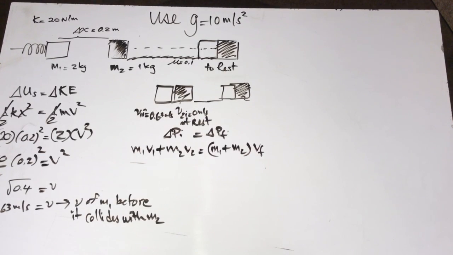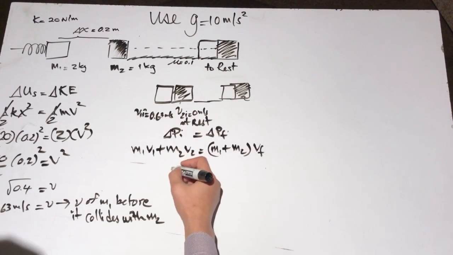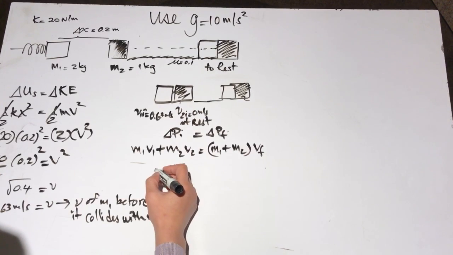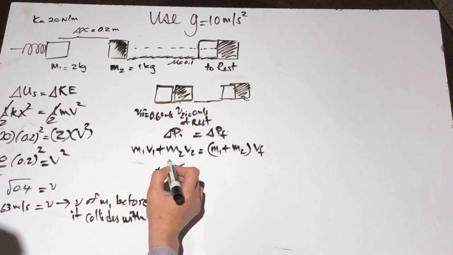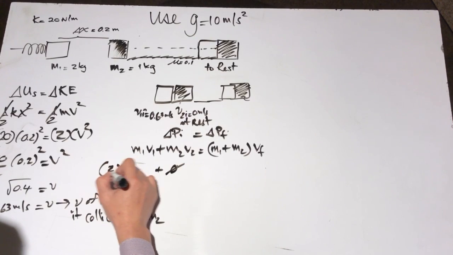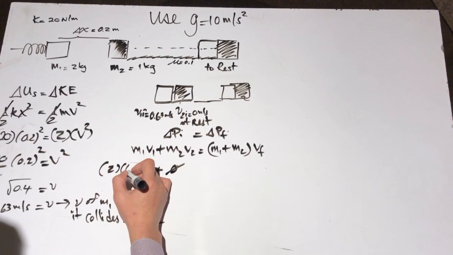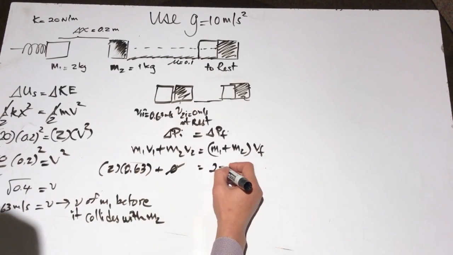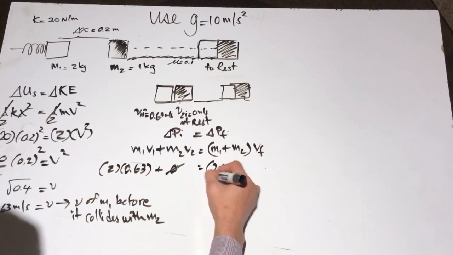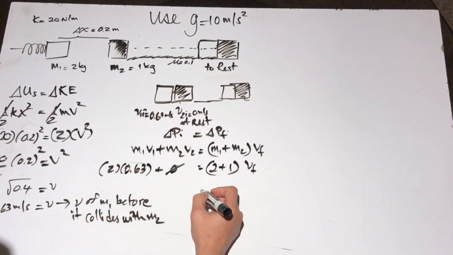So now I'm going to replace the numbers. This term is 0 because it is at rest. My M1 is 2, times velocity 1, which is 0.63, equals 2 plus 1 times Vf.